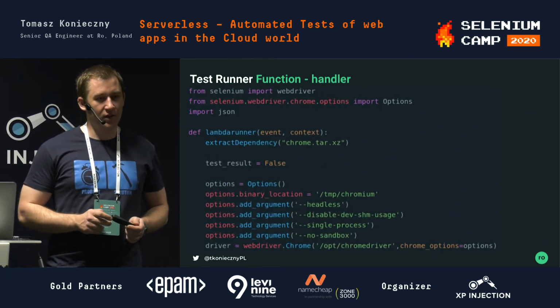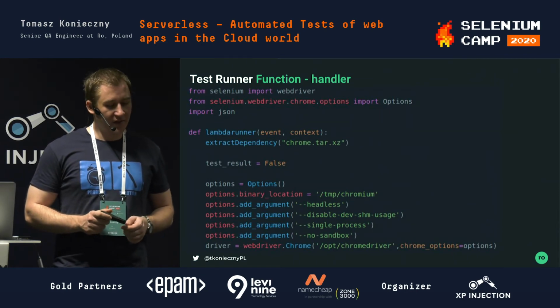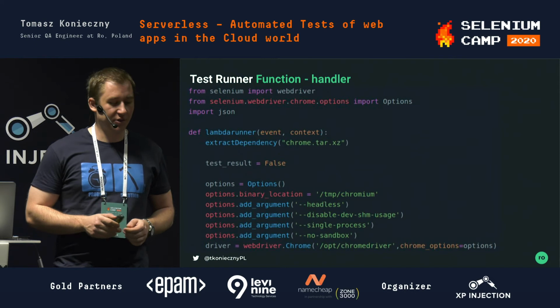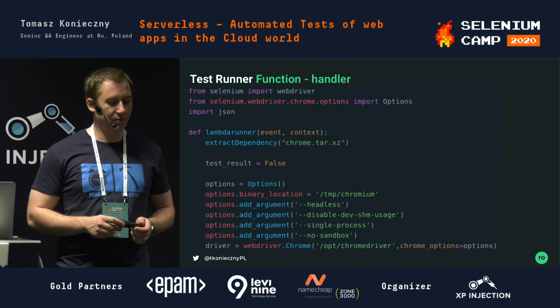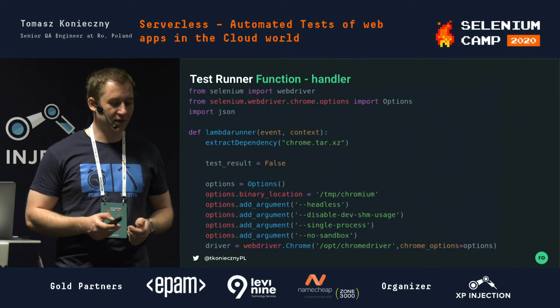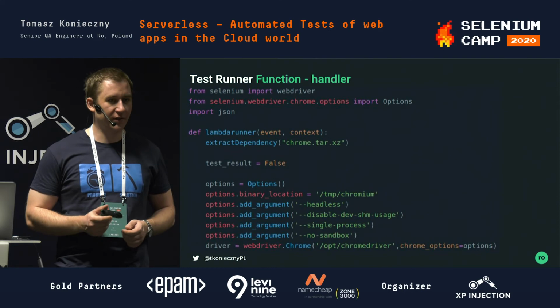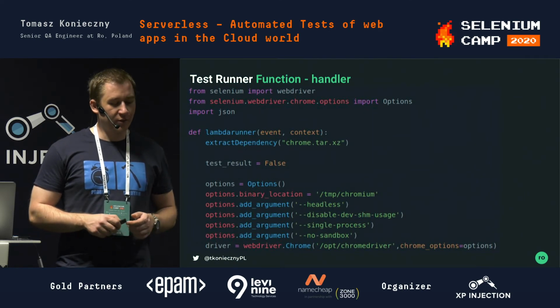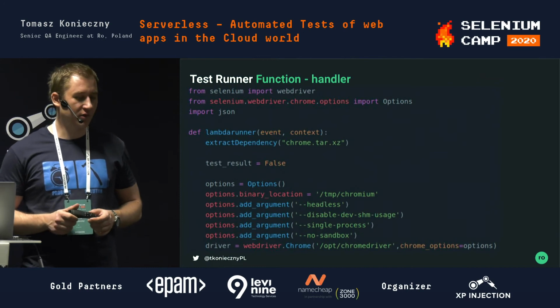Now the handler file, that's the code that will be actually executed. I skipped the decompression part because I showed it earlier. So we have the standard Selenium part here. So we import WebDriver, browser options. We also have JSON to create the response. Then we have our function that will be executed, so Lambda runner, and that's standard for Lambda.